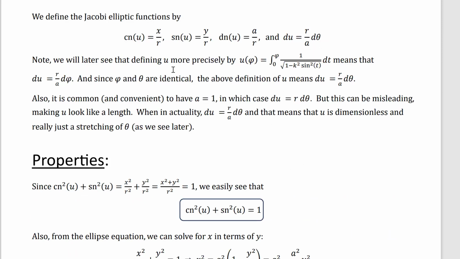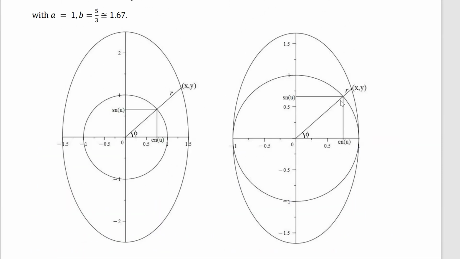So if I look at the major 3 Jacobi elliptic functions, there's 9 others, maybe I'll mention at some point, but the major 3 and the other 9 are just ratios of these 3. Our cn u, which as we saw was just x over r, so if you go straight towards the unit circle, that will be the value. So x is the point on the ellipse, x over r takes me to right here, and y over r. So if you just divide by r, you're now on the unit circle.